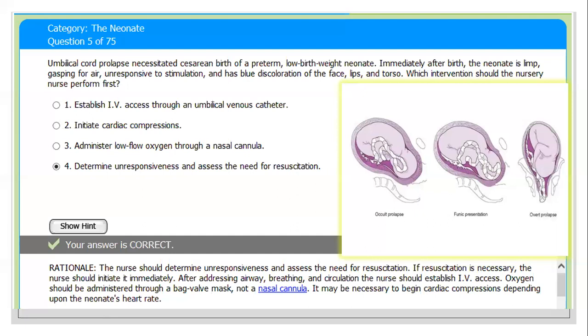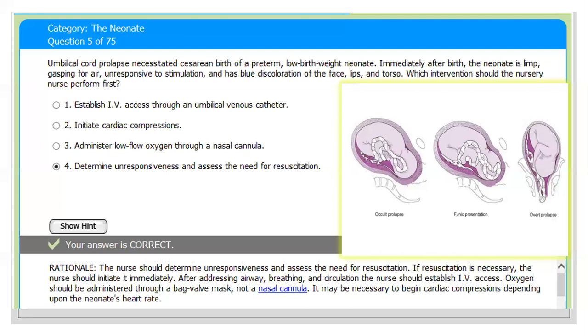And sometimes the cord can then become trapped against the baby's body during the delivery. Umbilical cord prolapse occurs in approximately once in every 300 births.